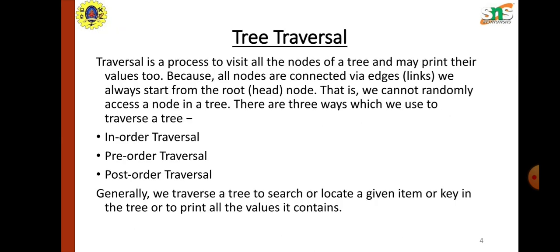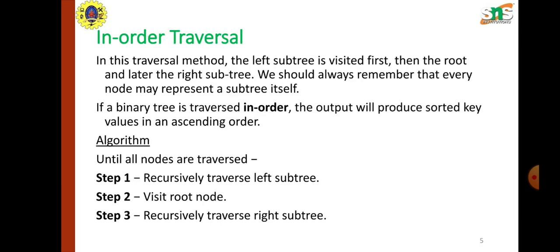Tree traversal is nothing but, as I said earlier, the process of visiting all the nodes in a given tree. As said earlier, the 3 ways of tree traversal are in-order, pre-order and post-order. First, let's see in-order traversal.